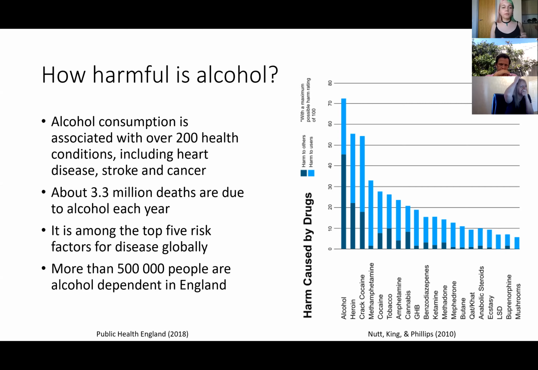It's among the top 5 risk factors for disease globally, and more than 500,000 people are alcohol dependent in England alone. And on the right is an assessment comparing different drugs, both legal and illegal, in terms of their harm to users and others. As you can see, alcohol came out as the most harmful one.